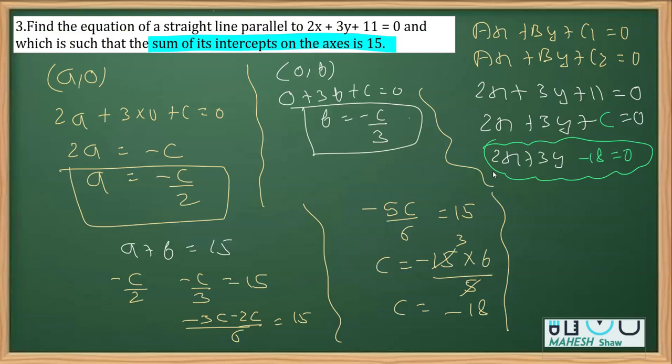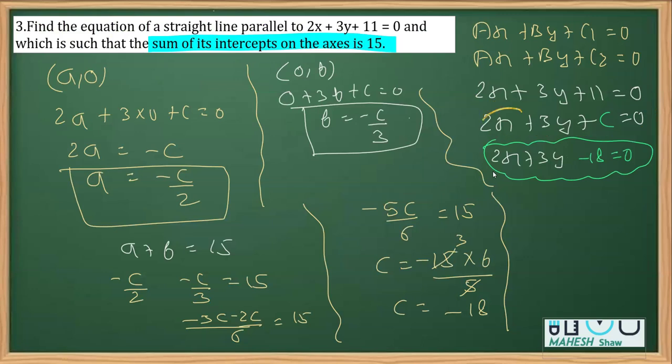So the concepts applied here: number one, two lines which are parallel have equations in the form ax plus by plus c1 is equal to 0, and the other line parallel to this is ax plus by plus c2 equal to 0. Since the original equation was given, the required line equation I wrote as this.